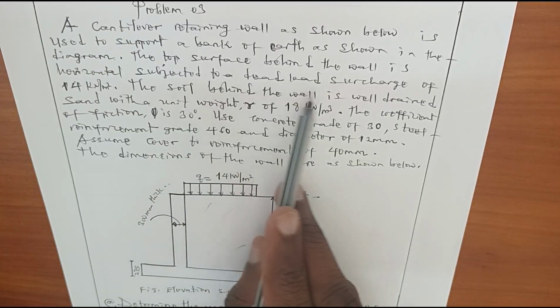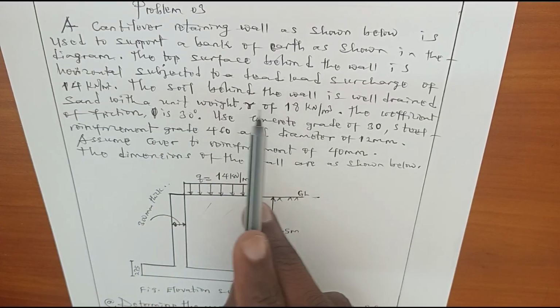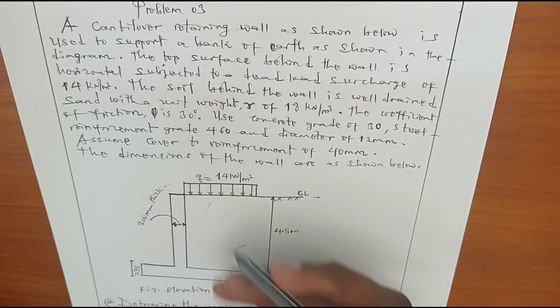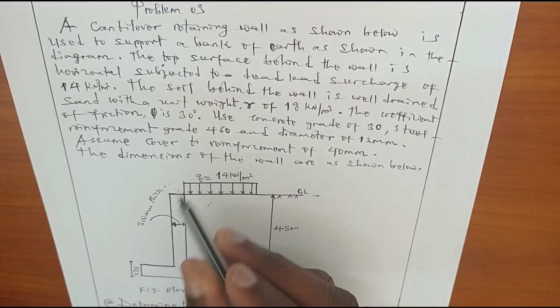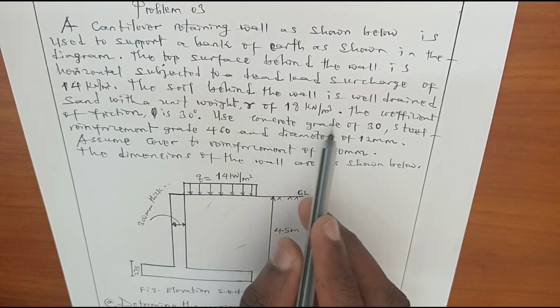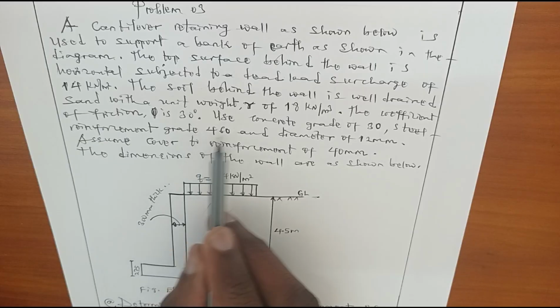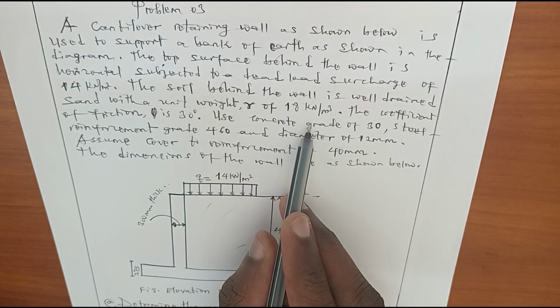The top surface behind the wall is horizontal, subjected to a dead load surcharge of 14 kilonewton per meter square. The soil behind the wall is well drained with a unit weight of 18 kilonewton per meter cube.